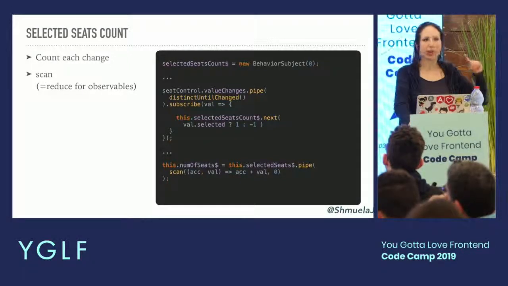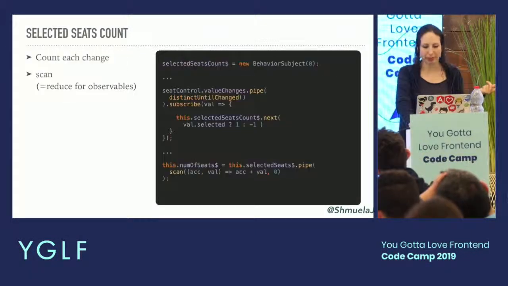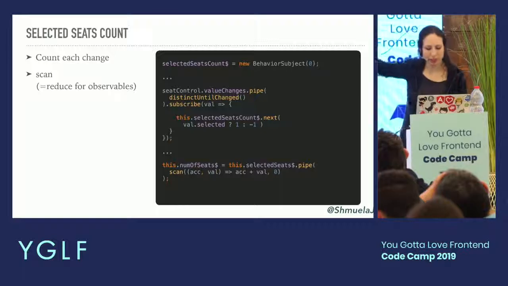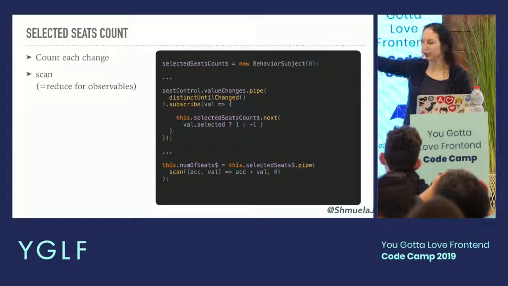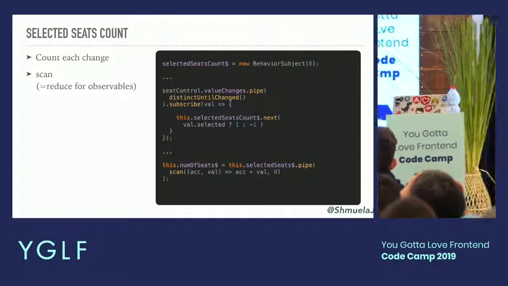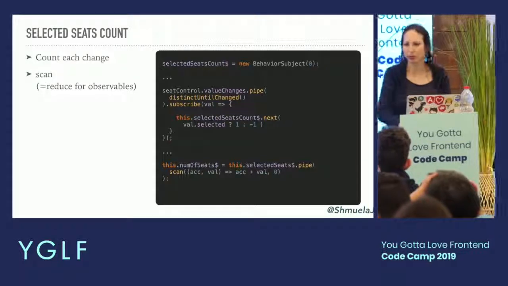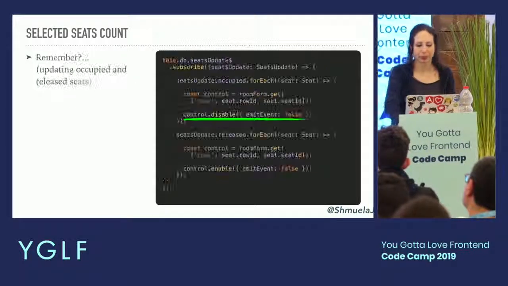And remember how we didn't emit the event? Because if we would emit the event, then it would react and emit that the value changed for seats, which we don't care about.